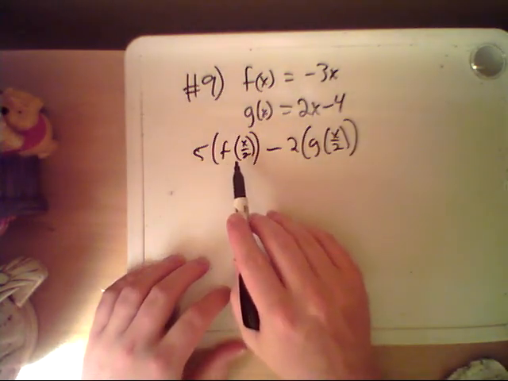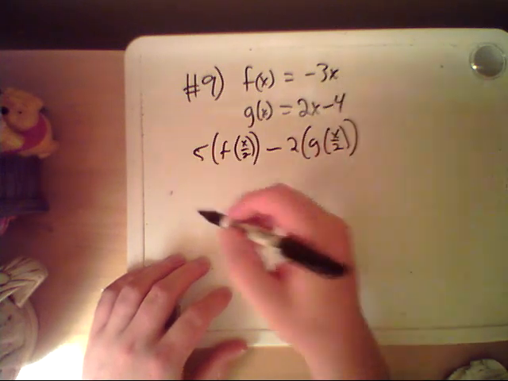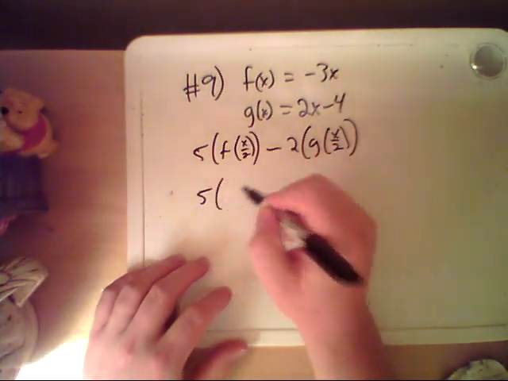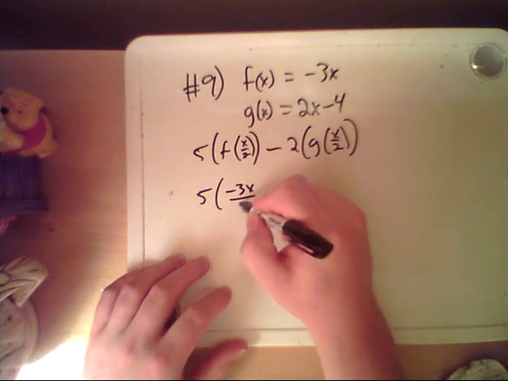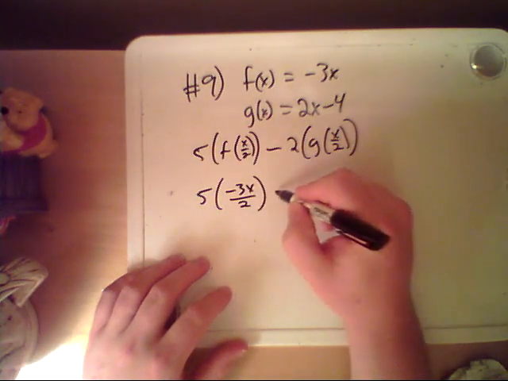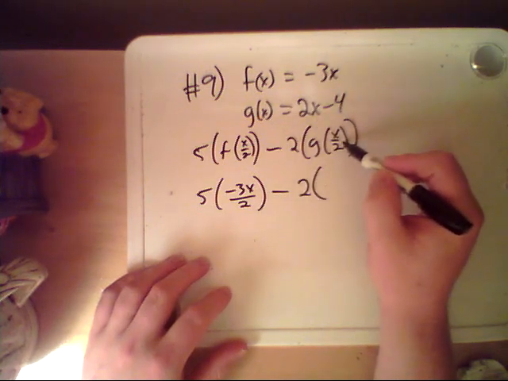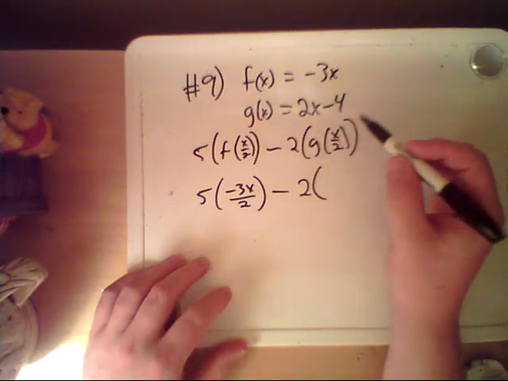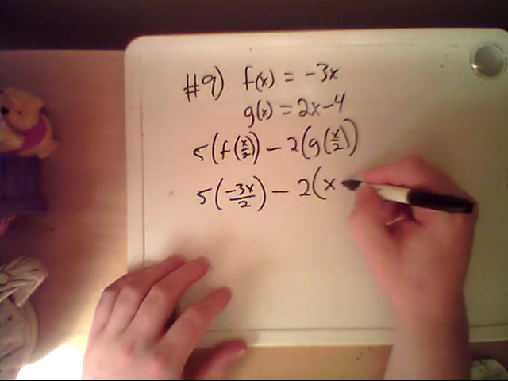Okay, so f of x over 2 is going to be negative 3 times x over 2. So it'll be 5 times negative 3x over 2 minus 2 times, and then g of x over 2 is going to be x over 2 times 2, which would just be x, minus 4.